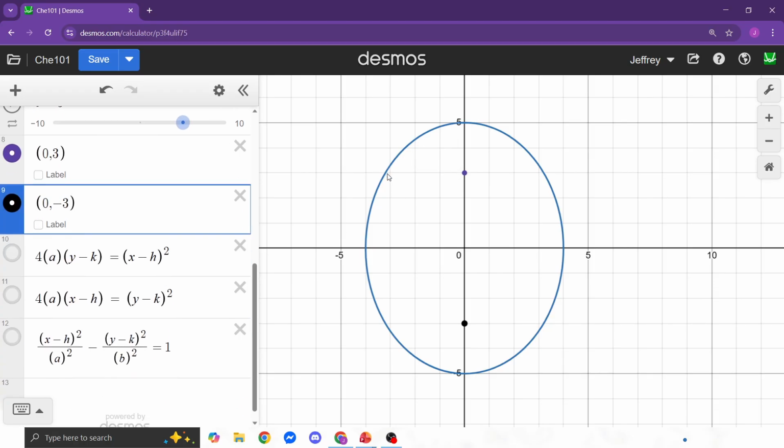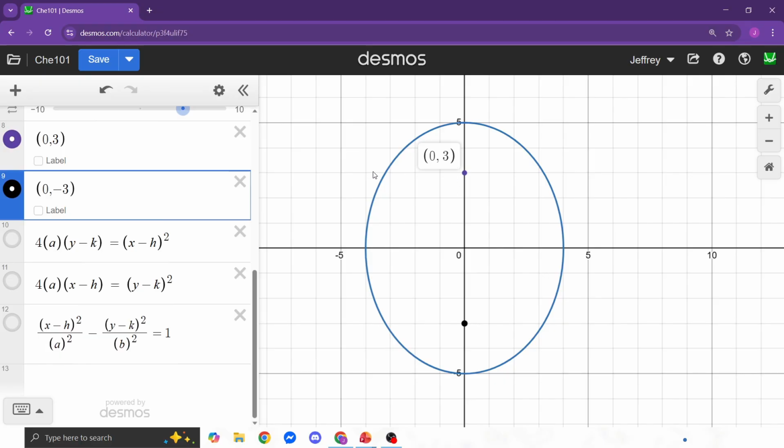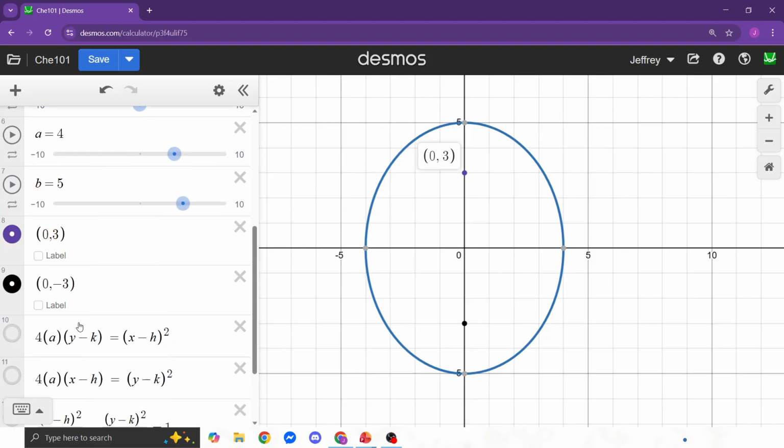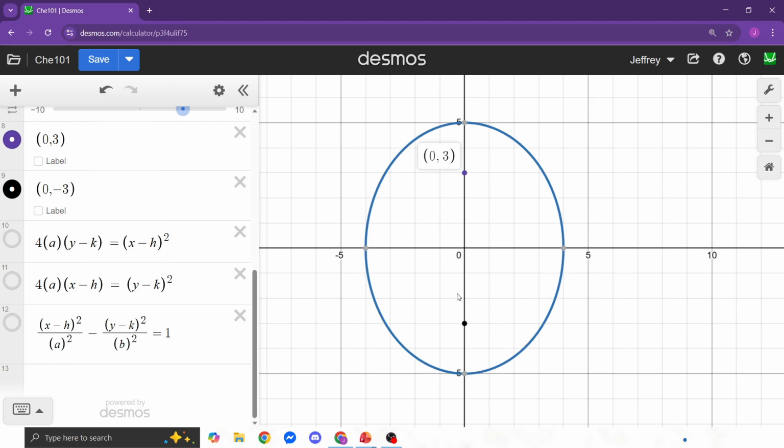So the latus rectum, which I don't know how to make the equation for, but the length of it will be stretching from here, let me get the 3, this negative 3.2 to this 3.2, also here at the 3 value. Can I do that? I have no clue how to do that.